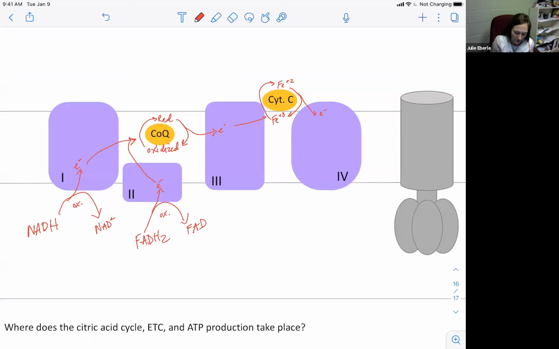Last step, anybody remember? Does it have something to do with pumping hydrogens through? We're about to get to that. Okay. So hydrogens are being pumped as we go through this. But where do these electrons land?